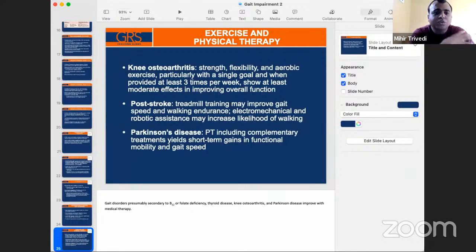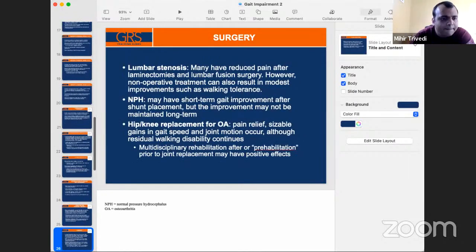Also in post-stroke or any CVAs, treadmill training may improve gait speed and walking endurance. Electromechanical and robotic assistance may increase likelihood of walking. In Parkinson's disease, PT, including complementary treatments, yields short-term gains in functional mobility and gait speed.